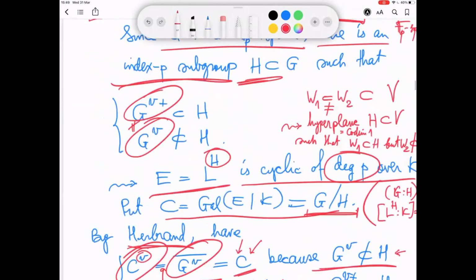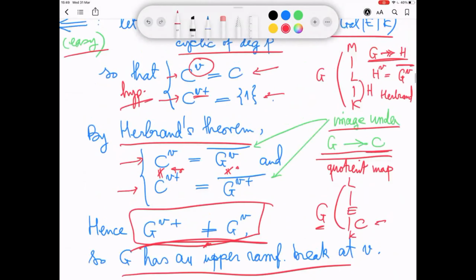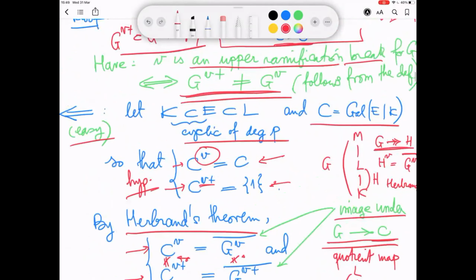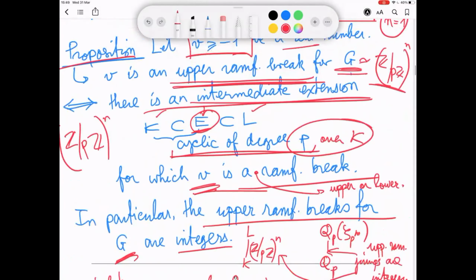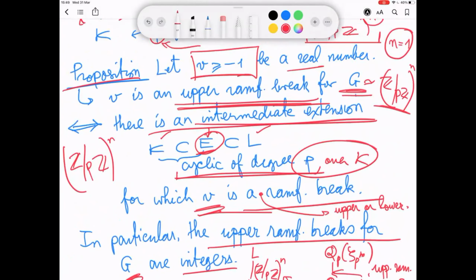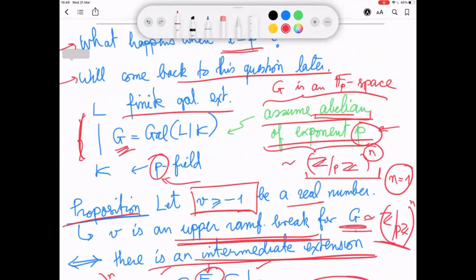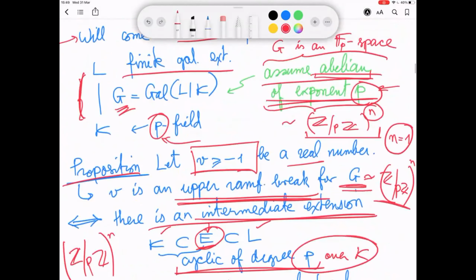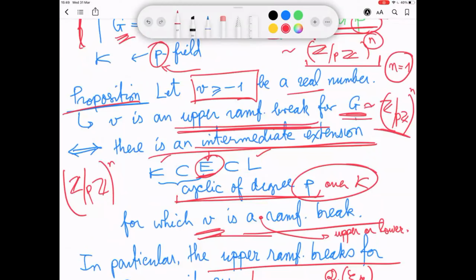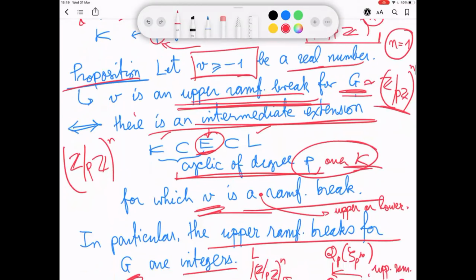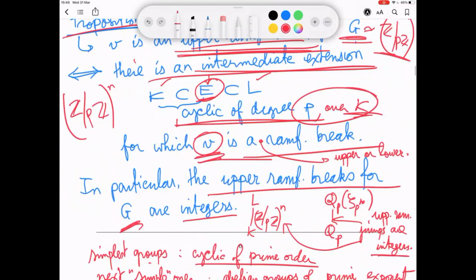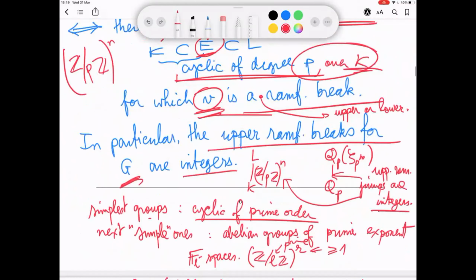We have proved that if we have an extension which is abelian of exponent p, then a real number V is an upper ramification break if and only if there is an intermediate extension which is cyclic over our field K of degree p, and for which this V is a ramification break.